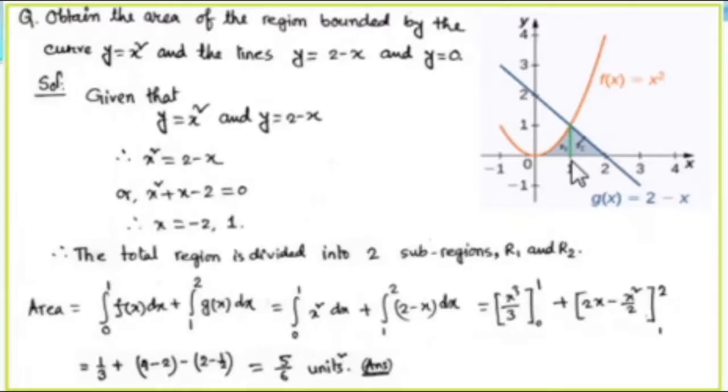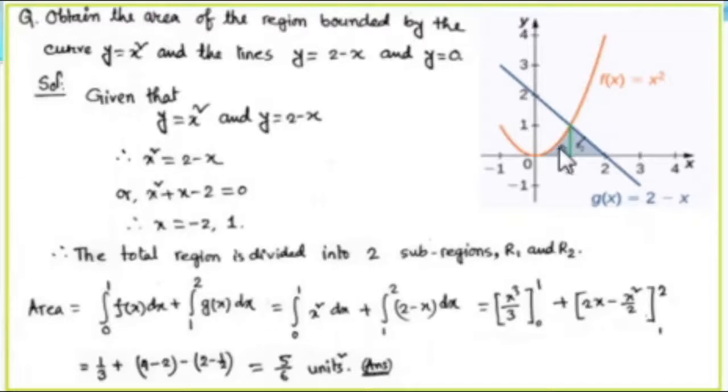How do you get x equals 1? Actually in this function we consider y equals x square and y equals 2 minus x. Just apply x square equals 2 minus x and you get x equals minus 2 and plus 1. Similarly, you observe this shaded region is divided into two parts, r1, r2.